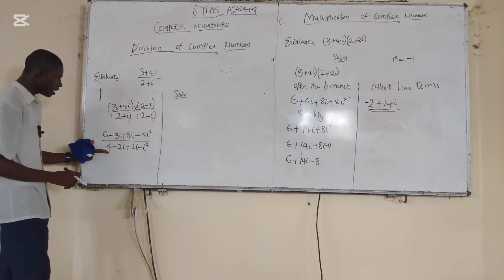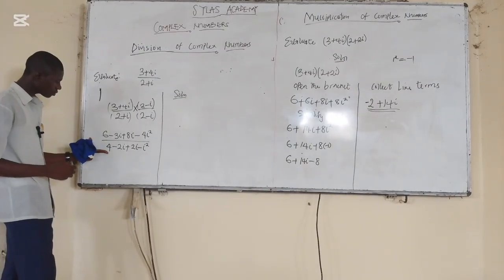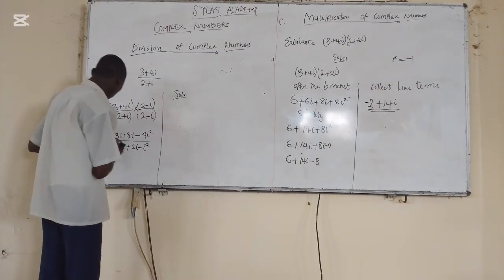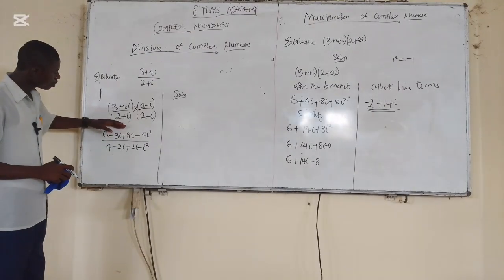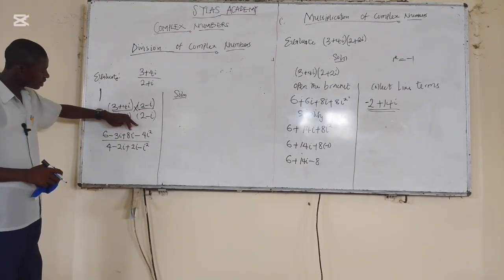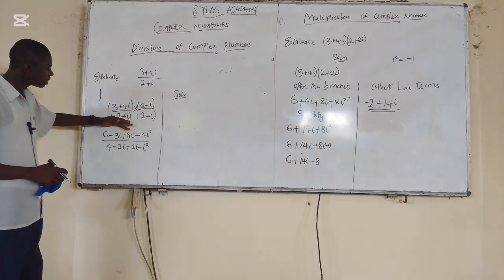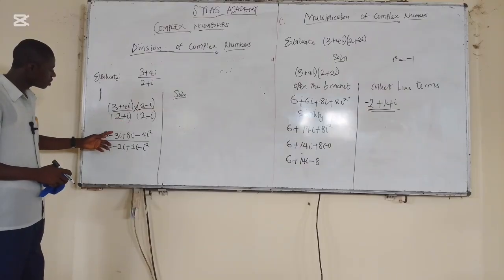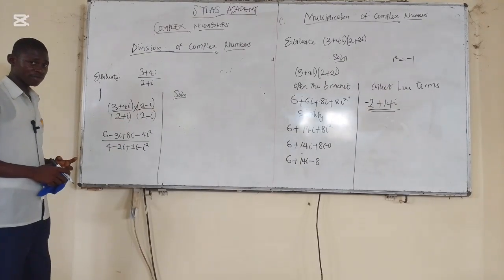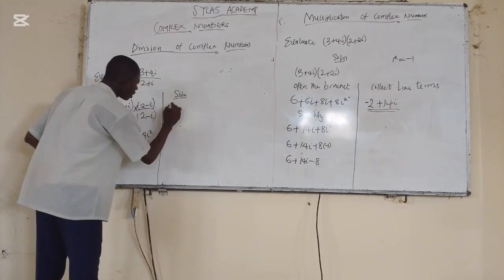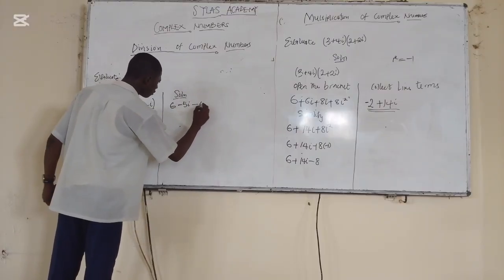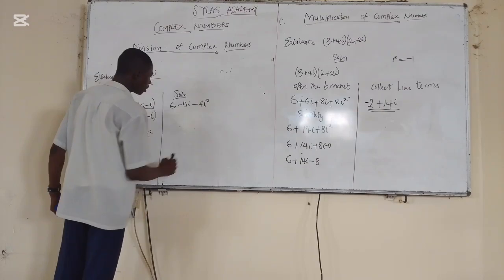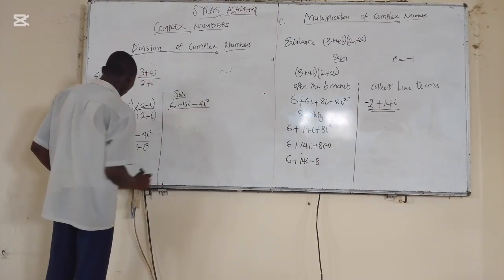Now let's collect like terms. What are your like terms here? On the numerator, you see minus 3i and 8i. How do you collect these like terms? Minus 3 plus 8 gives you 5. Now it's 6 plus 5i minus 4i squared, all over.